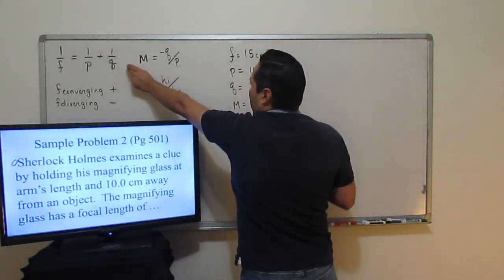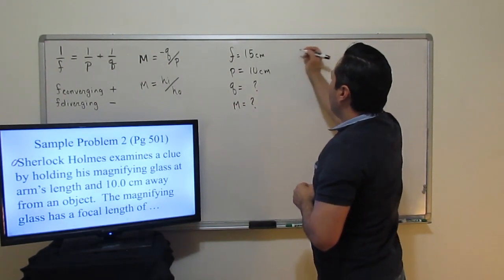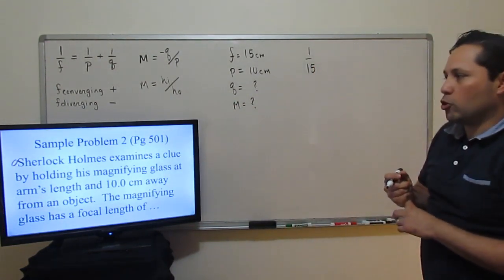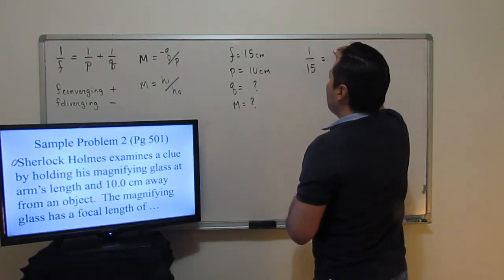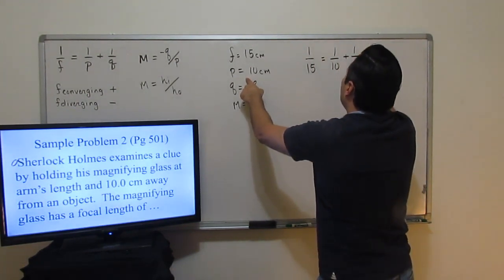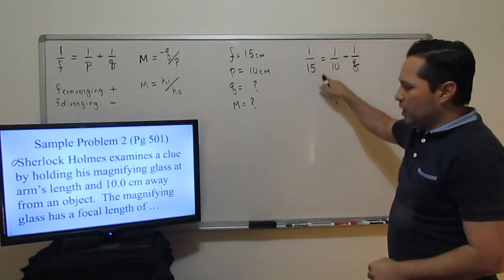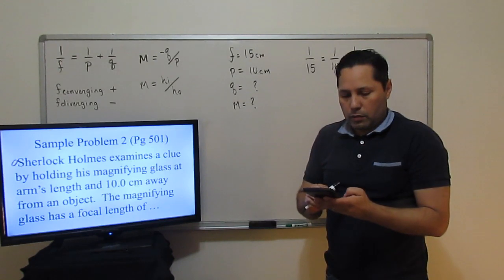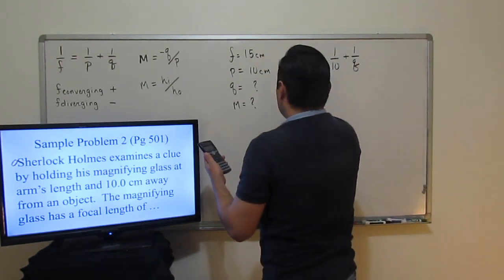We'll use this top formula right here. So 1 over F, we know the F, and it's a magnifying glass. Those are converging, so therefore it's positive. So 1 over 15 is equal to 1 over 10 plus 1 over Q. We begin with 1 divided by 15, which gives us 0.0666.